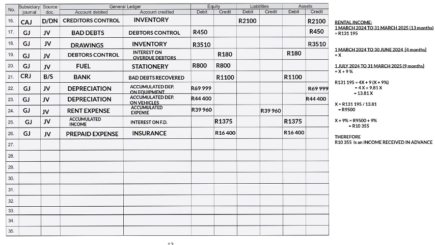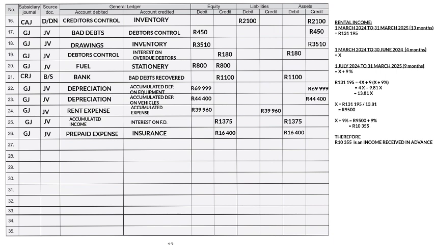In other words, for 4 months we received 9,500 Rand, but for 9 months we received 9,500 Rand plus an additional 9%, which gives you 10,355 Rand. So instead of receiving rental income for a full 12-month period, we received for 13 months, so 1 month is income received in advance, and that amount is 10,355 Rand.